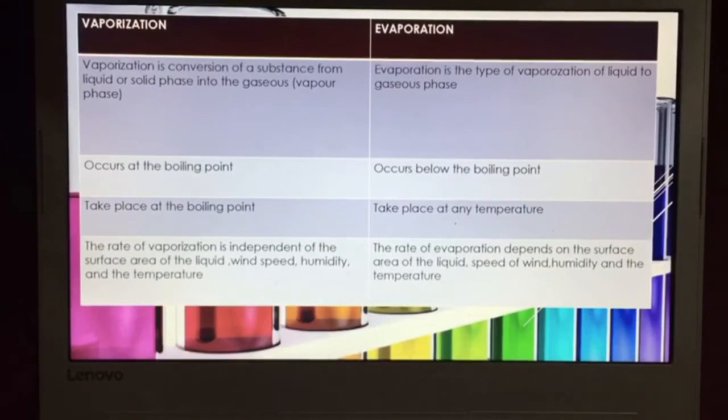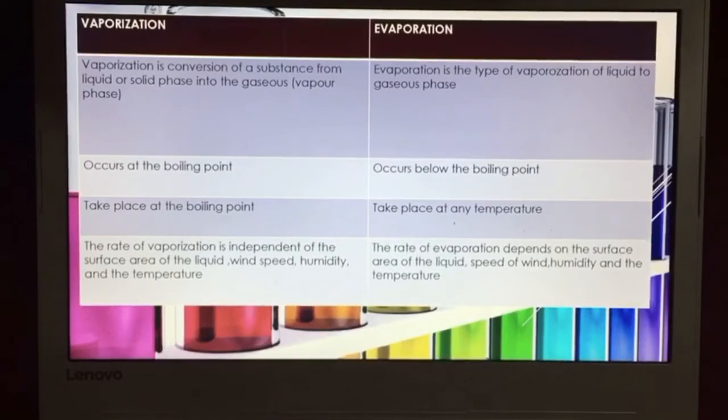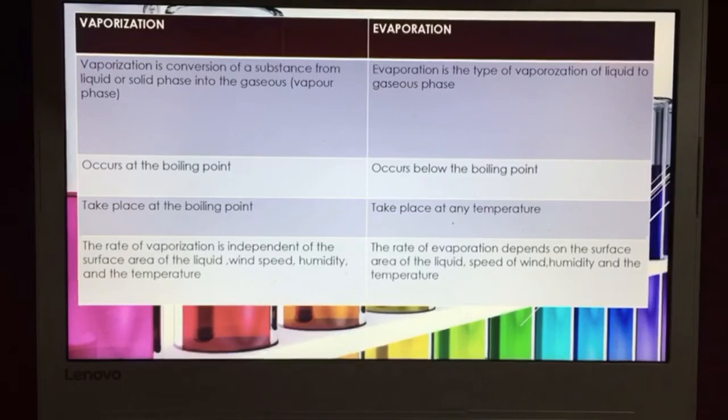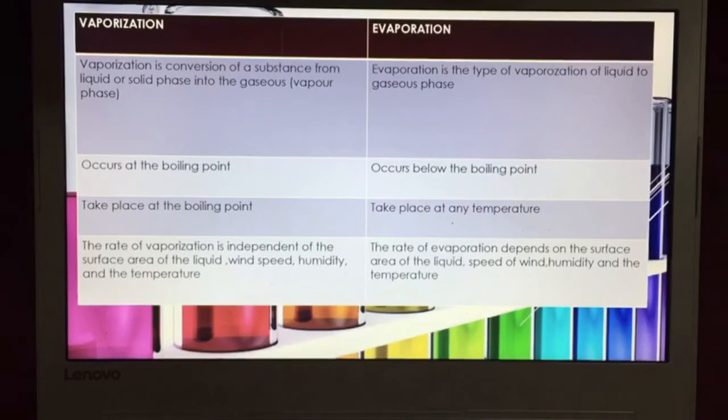Next, vaporization versus evaporation. Vaporization is a conversion of a substance from liquid or solid phase into the gaseous vapor phase. It takes place at the boiling point. The rate of vaporization is independent of the surface area of the liquid, wind speed, humidity, and the temperature.